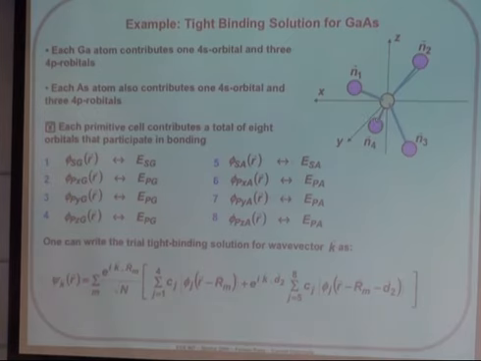There are two atoms in the basis, 1 and 2, and each atom has 4 nearest neighbors, so you're kind of repeating that. You're summing over 4 nearest neighbors, and this is the whole wave function.